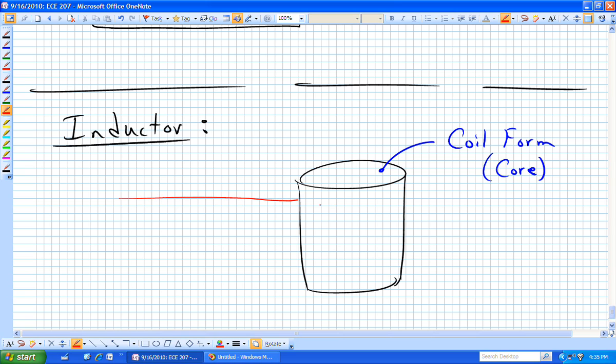That's fine. But now that wire is behind that form, and it's going to come around, and then it's going to go back behind again, and so now we're making all of these, we're wrapping a coil around this coil form.